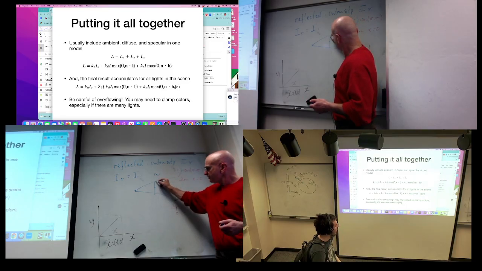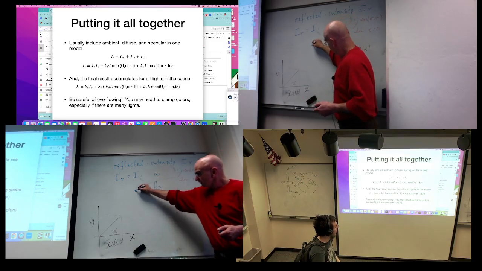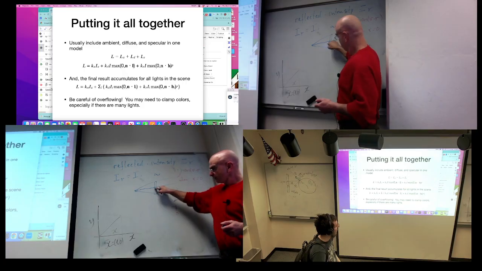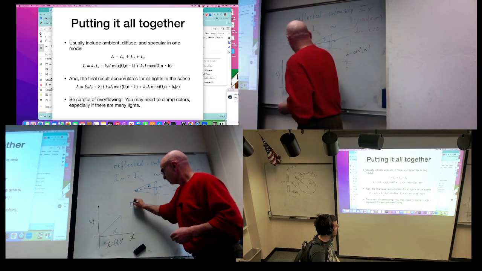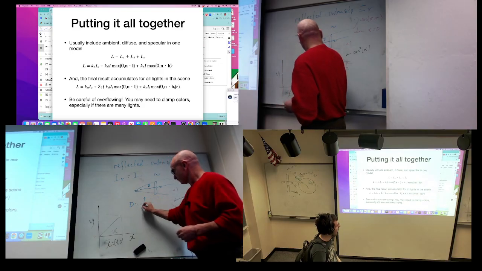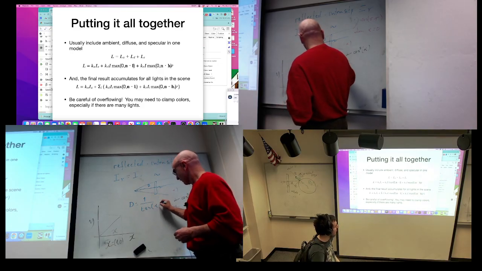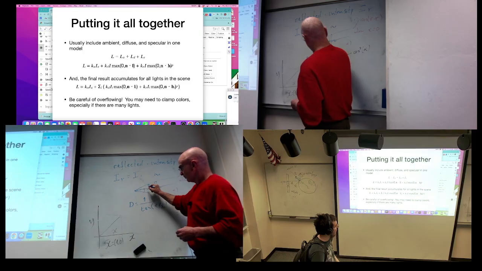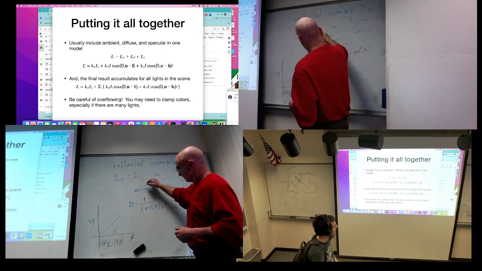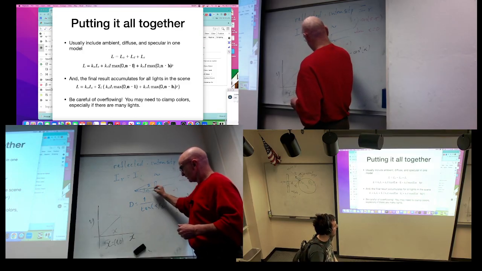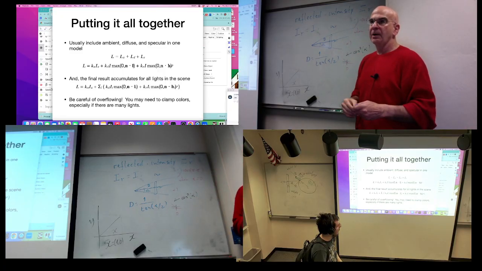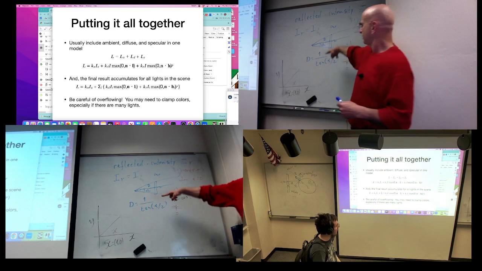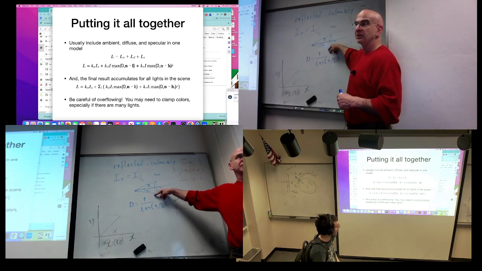Decide that the height is 2. So the look-at vector goes through 0, 0, and then D will follow. D is 1 over tangent of alpha half, where this angle is alpha, so this angle is alpha half. And that's how I suggested to do it, and the rest of the formulas follow this part.